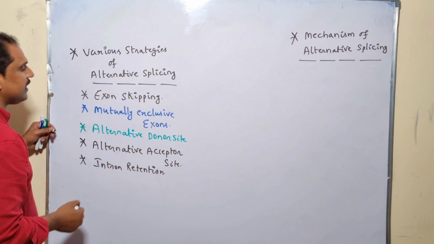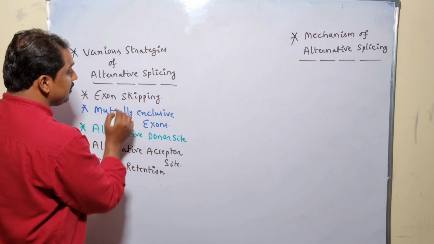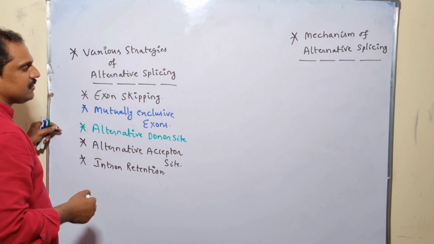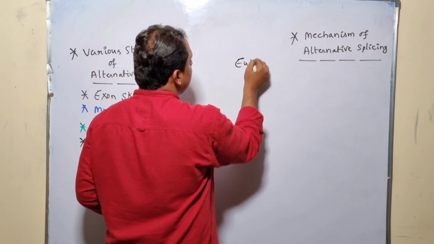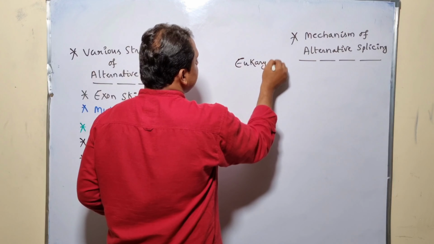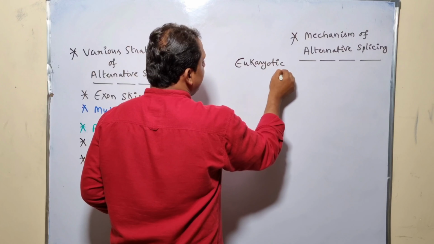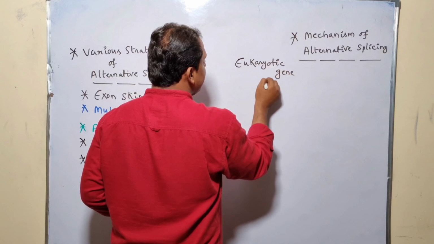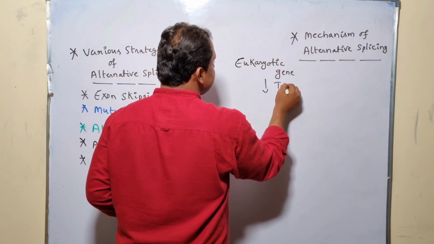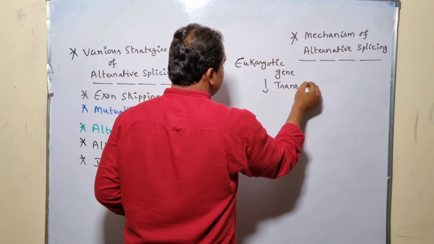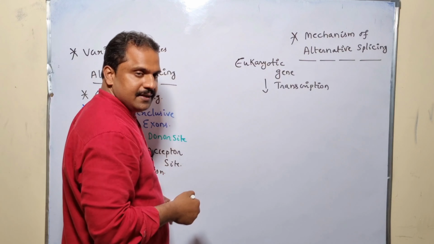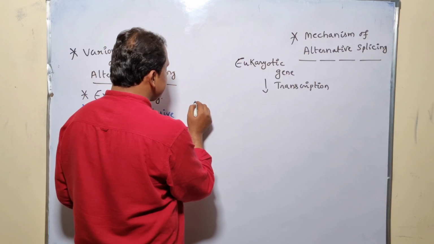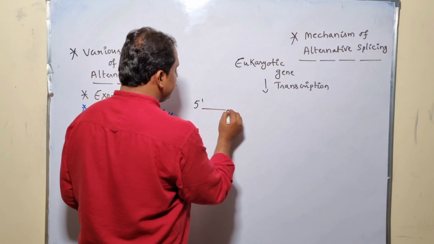So at first we will be studying exon skipping. So what is exon skipping? Here let us consider one eukaryotic gene. As I have already mentioned, when a eukaryotic gene undergoes expression during the transcription mechanism, it synthesizes a primary transcript, right?